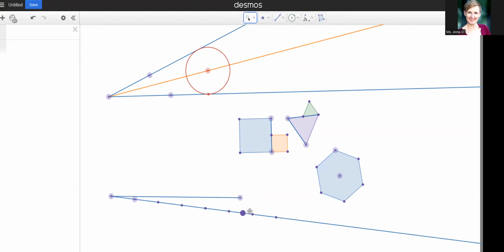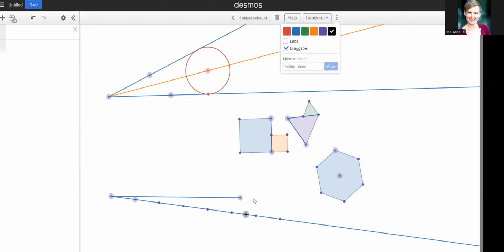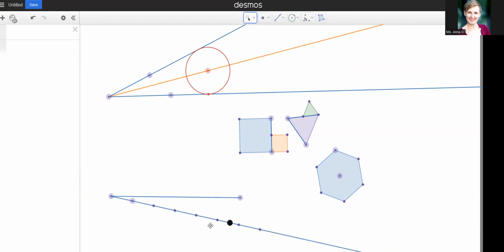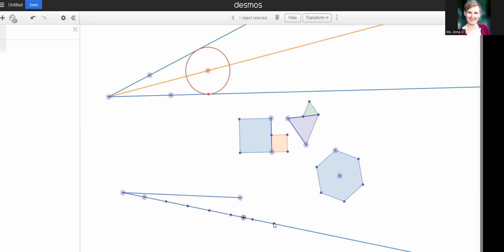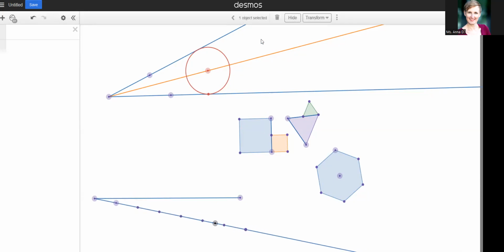So yes, I only need the 7 equal pieces. This dot, I'll recolor it in black. It's the dot that I can drag. But then the 7 pieces, 1, 2, 3, 4, 5, 6, 7. So now what I want to do, I want to connect the ends, sort of close it. And this will be my reference segment.